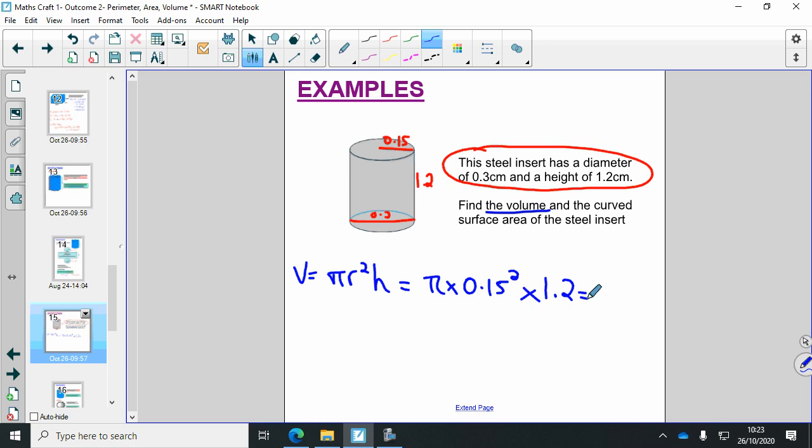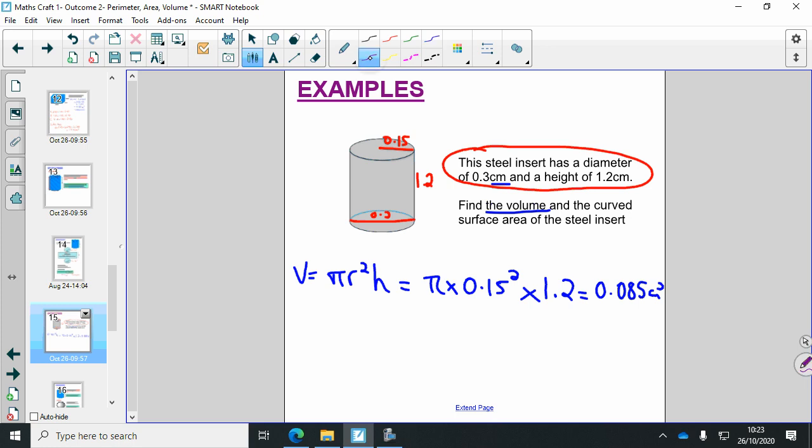You might want to use 3.14. So you might get a slightly different answer, but that's fine. And I get a volume of 0.085. And that, because it's a volume and we're in centimeters, that is going to be centimeters cubed. Okay, so that's the volume calculated.